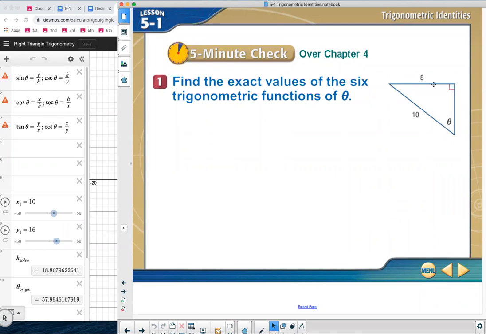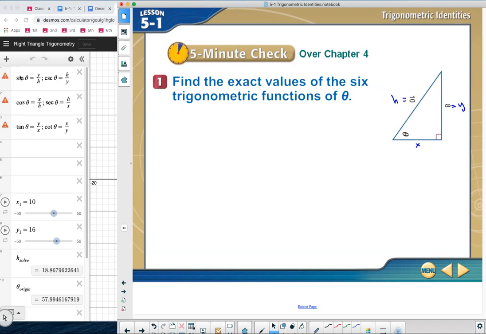On the x-axis. X-axis, very good. So this is not in the right form. That's on the y-axis. So I rotate it around, and I could solve it like that. And so my 8 has become my y. My 10 has become the hypotenuse. There's my theta. There's my right angle. My x is unknown.